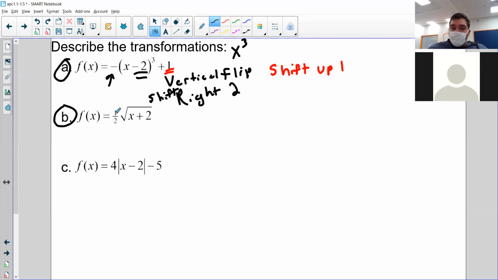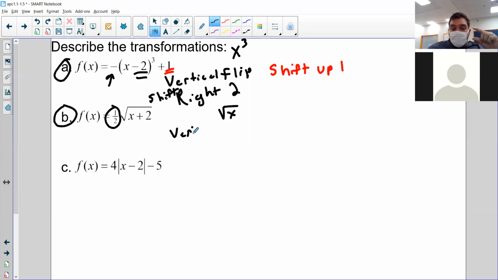For b here, you can say your parent function is square root of x. What's happening here is the half. Because it's a half and it's less than 1, it's getting shrunk.